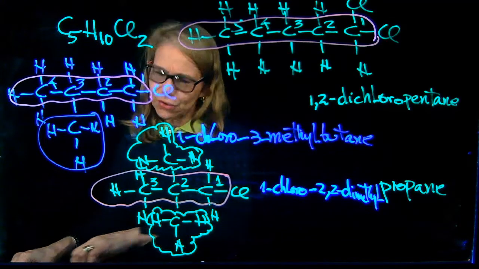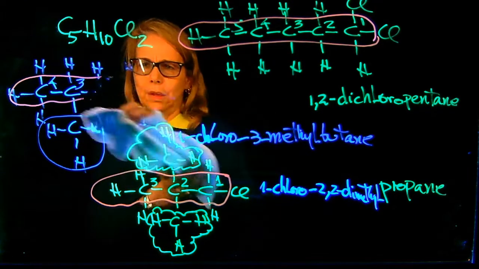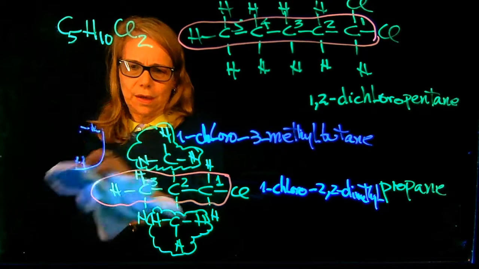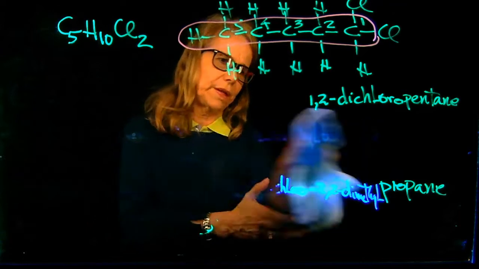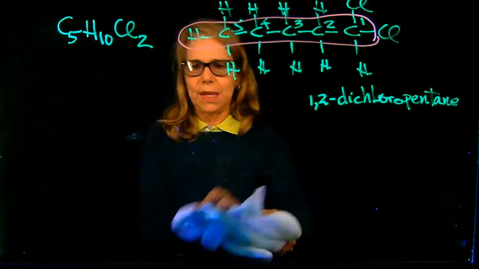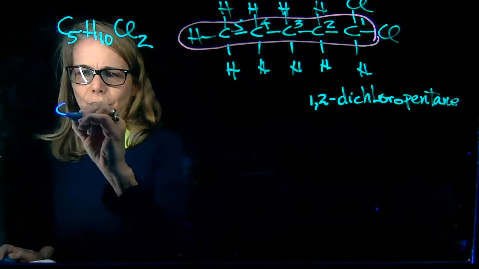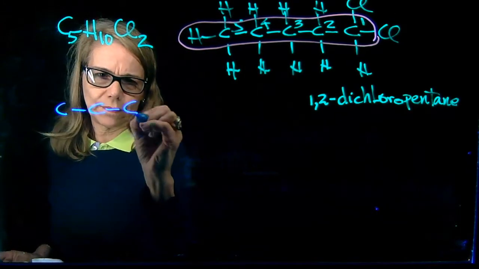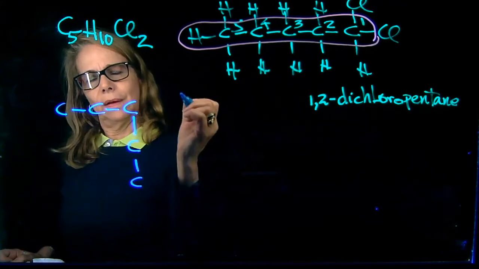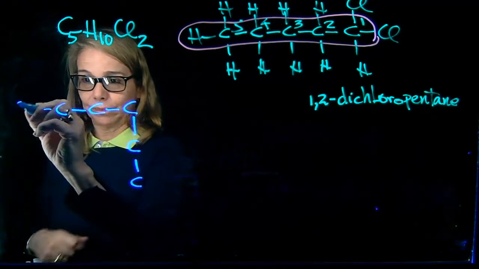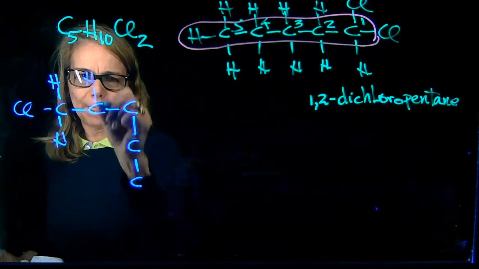Now let's do one more thing here. I'm going to erase one of these to show you something different. See if we can identify that as a constitutional isomer or not. Now I'm making a different drawing, right?